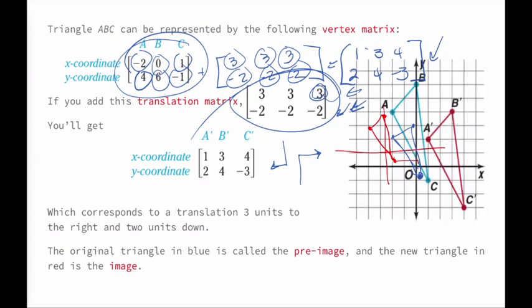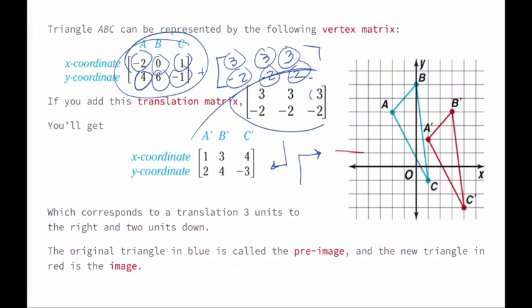And here you can see a picture that is better than my terrible graph. Much better graph here. The one in blue is the original pre-image, and the one in red is the image, shifted right 3 and down 2.